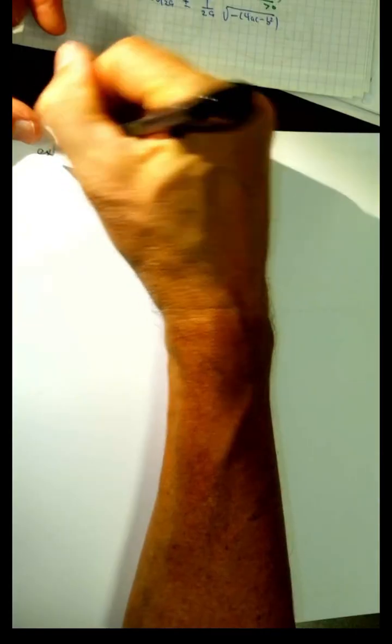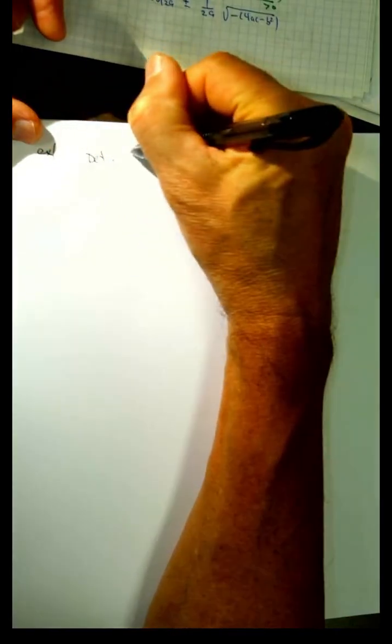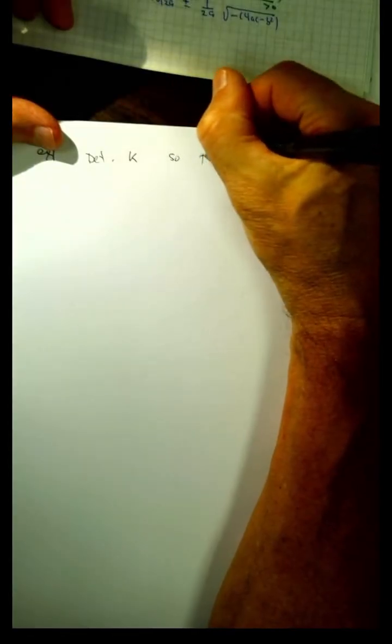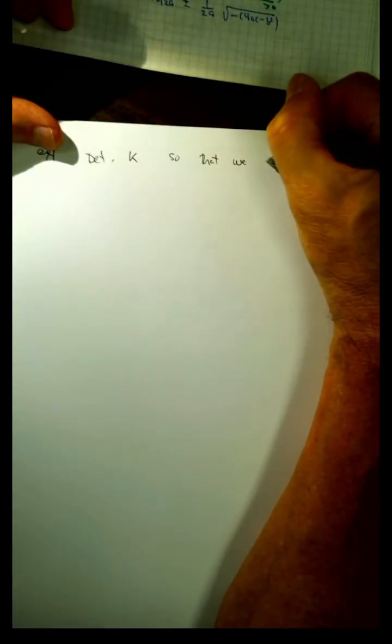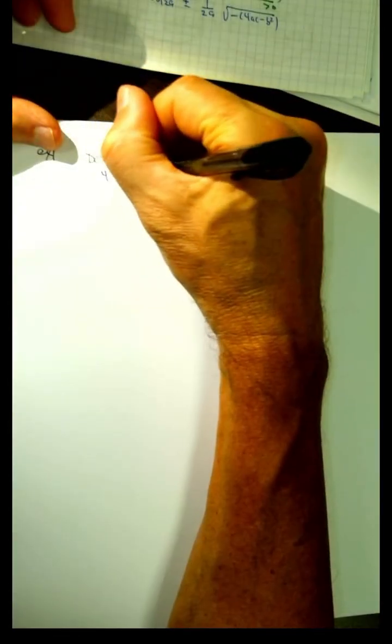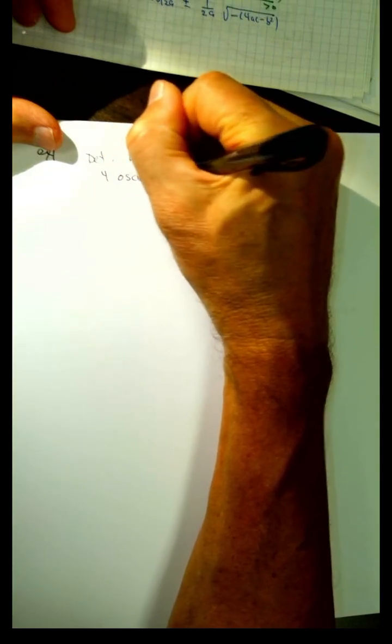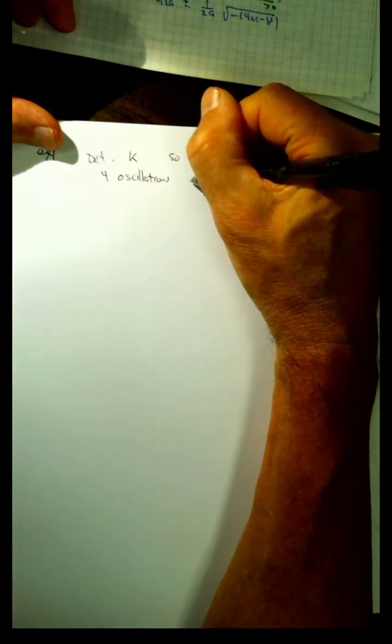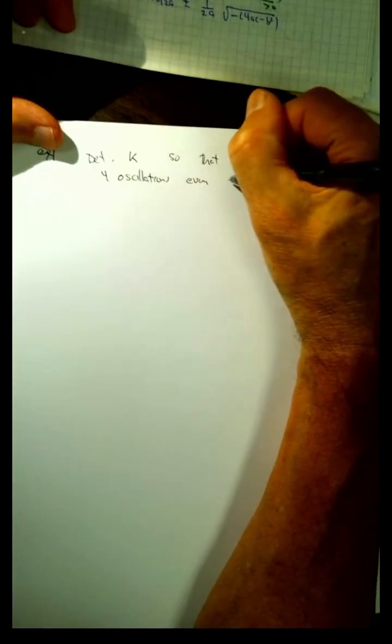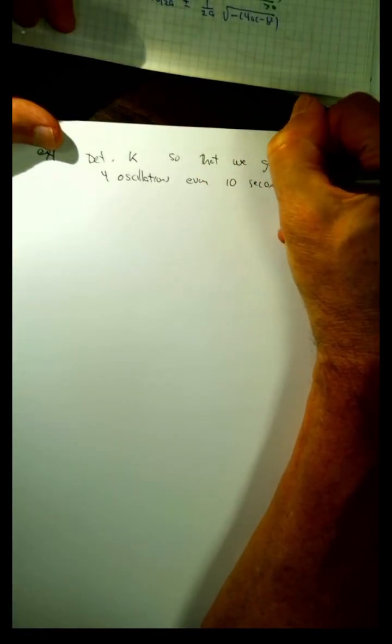Let's do one last example. Okay, so in this example, let's determine a value of k so that we get 4 oscillations every 10 seconds.